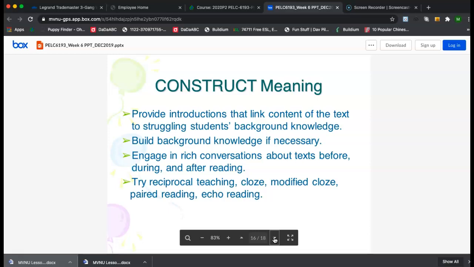Engage in rich conversations about texts before reading, during reading, and after reading. Try some different strategies: reciprocal teaching, cloze procedures, modified cloze, paired reading, echo reading.